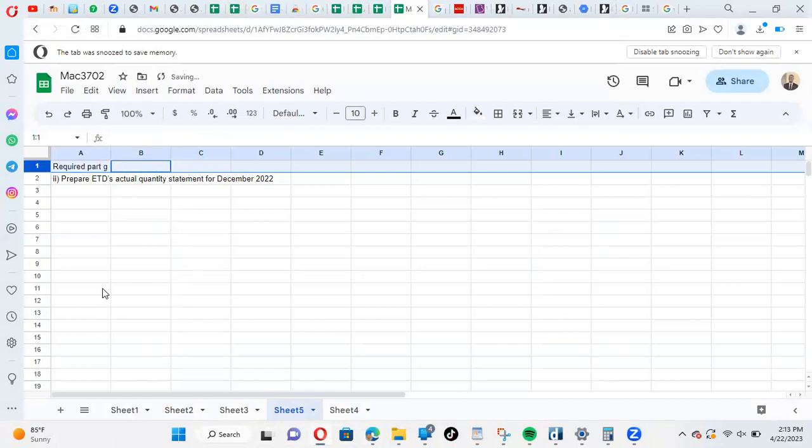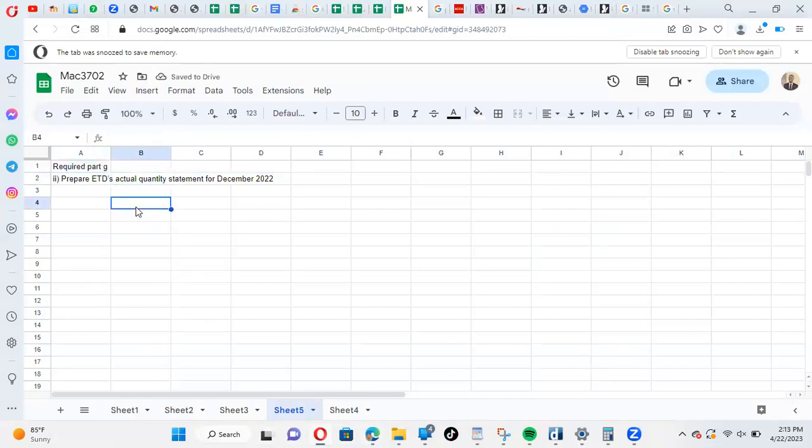Part G, right? So we are preparing the actual quantity statement for this company, for ETD. So with these quantity statements, they come standard here for UNISA, right? It's probably different from what you would get from the textbook. I don't know the other textbook that you guys use.